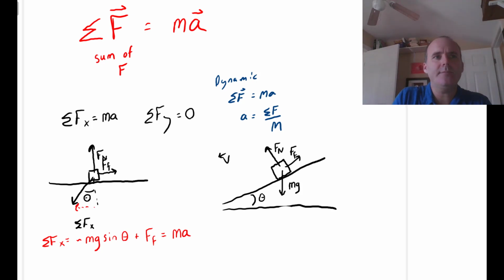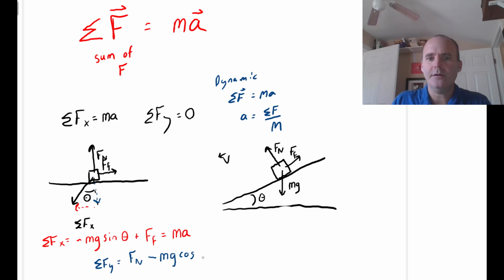All right, if I do that in my y direction now, if I sum my forces in the y direction, I have my positive normal force, Fn, and I have this component of my mg, and it's going down, so I'm going to say negative mg, and this is the adjacent side, so I'm going to have cosine of theta, and that is equal to 0.